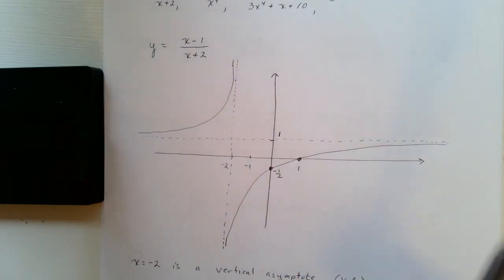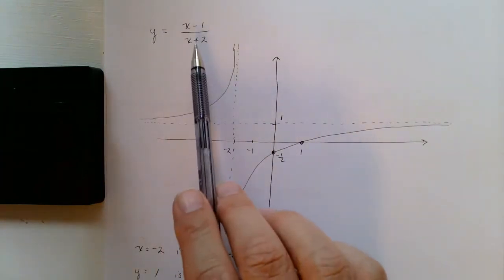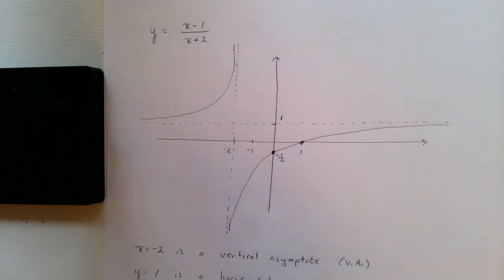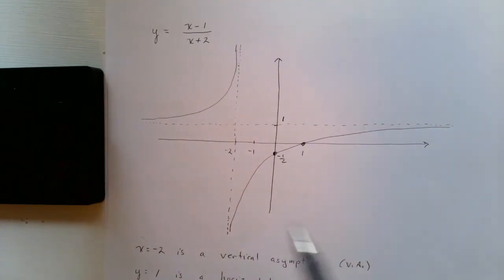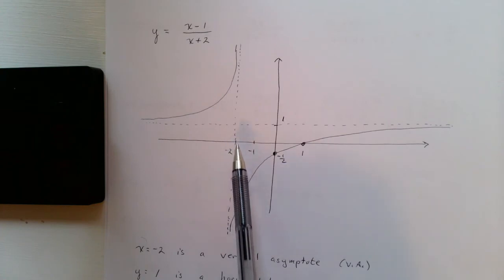Notice that the graph is not crossing this imaginary vertical line at -2. The reason for that is if you try to plug -2 into here, you get -3/0, which is undefined. And if you plug in numbers that are close to -2, they're either going to be very, very large positive numbers, or very, very large negative numbers.